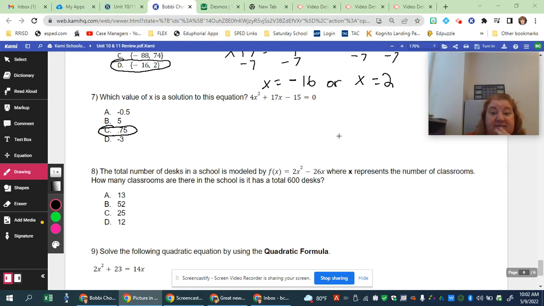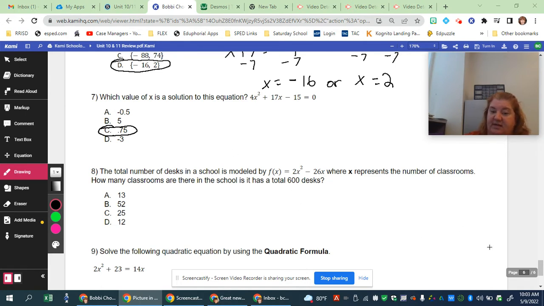You can put this in Desmos and then go all the way up to 600. X represents the number of classrooms, so that means y is going to represent the number of desks. That's one way you could do it.